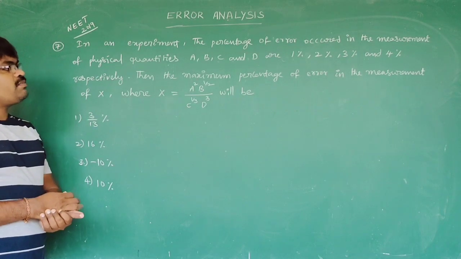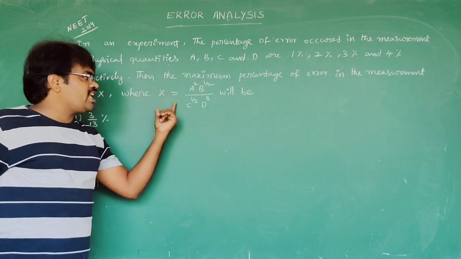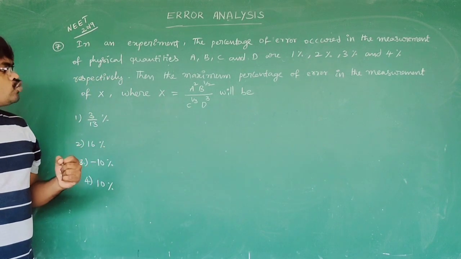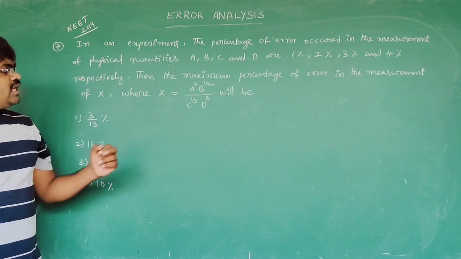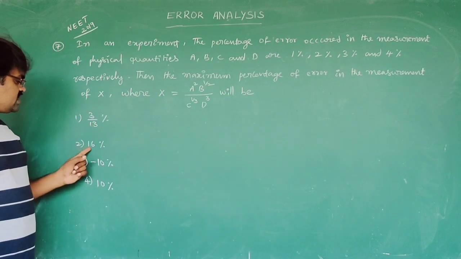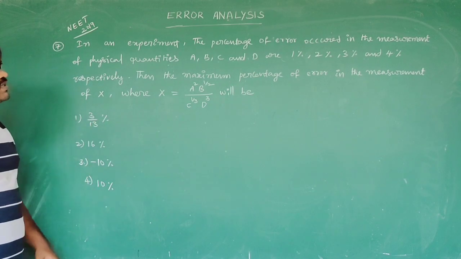Then the maximum percentage error in the measurement of X, where X is equal to A squared B power of 1 by 2 by C power of 1 by 3 D power of 3, will be 3 by 13%, 16%, minus 10% and 10%, the given options.